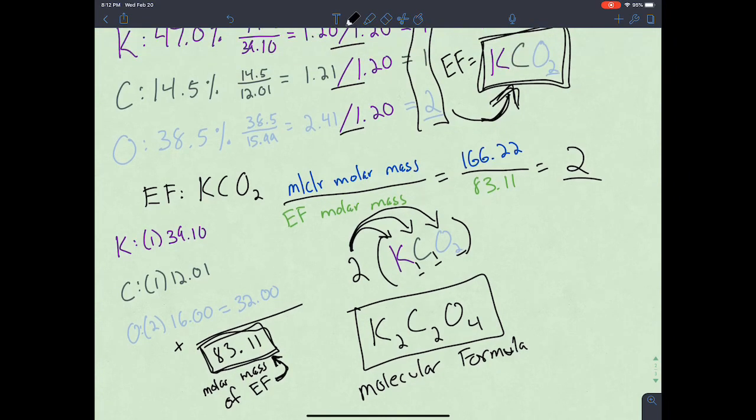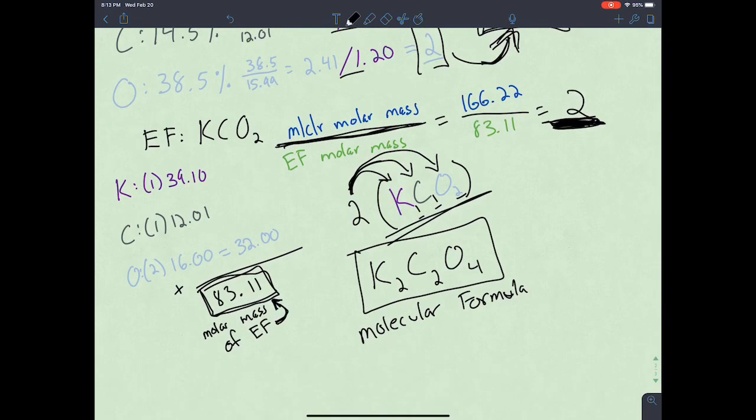You divide the molar mass of the molecular formula by the molar mass of the empirical formula. You get the amount of times your empirical formula fits in there, how many times it's going to be multiplied to get the molecular formula you have in front of you. So you multiply it through the empirical formula, and that will give you your final molecular formula.